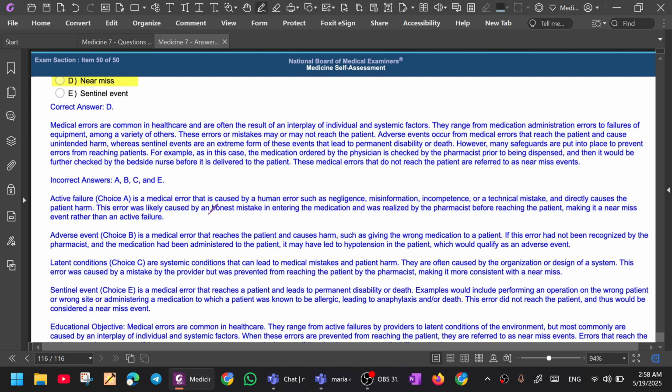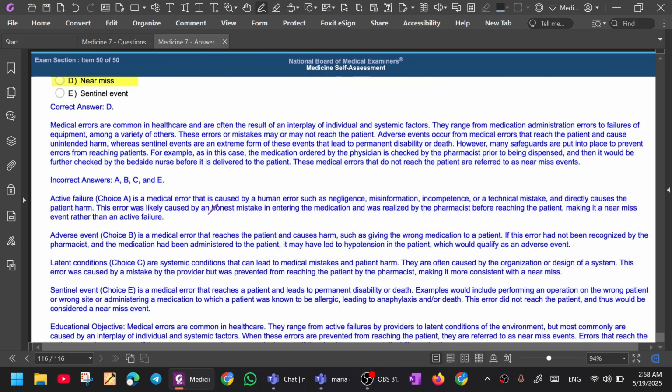Adverse events occur from medical errors that reach the patient and can cause unintended harm, whereas sentinel events are an extreme form of these events that can lead to permanent disability and death. However, many safeguards are put in place to prevent errors from reaching patients.